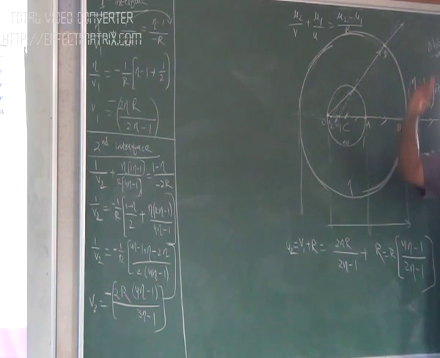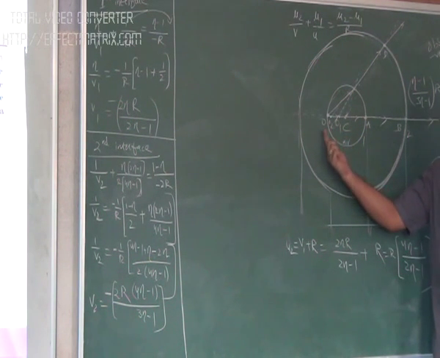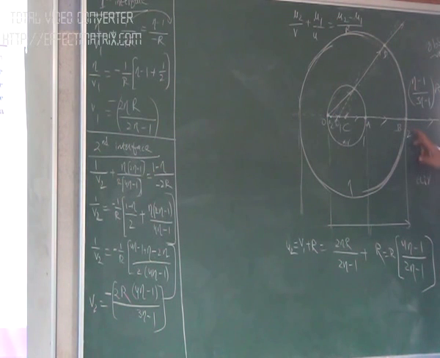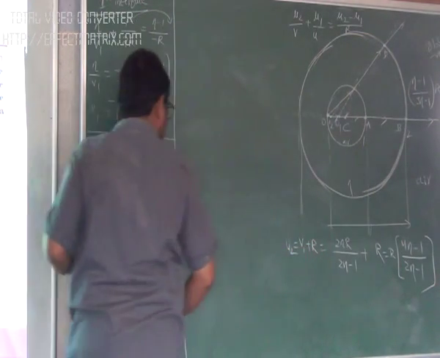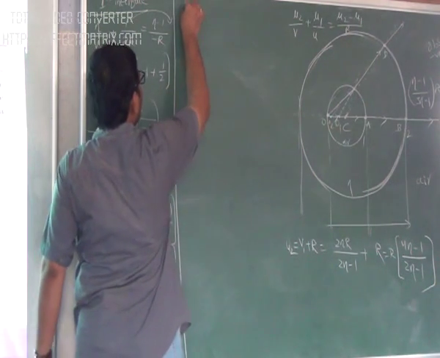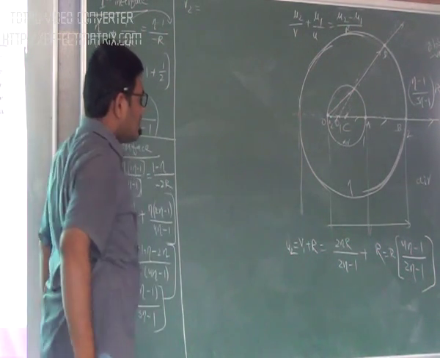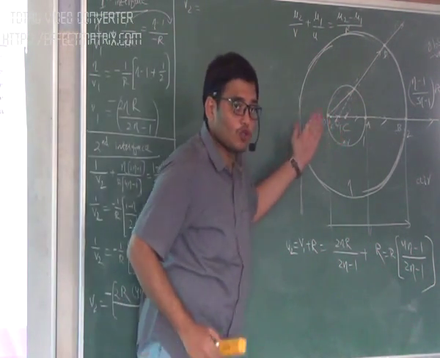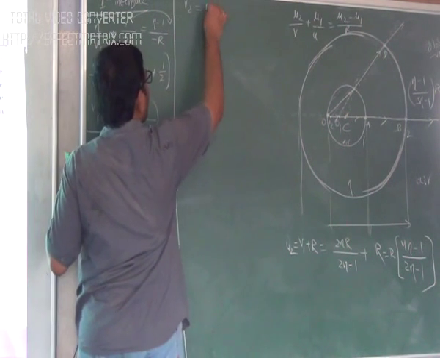In the question, what is asked to find? Shift, meaning OO2. I can write OO2 as BO minus BO2. So the shift is nothing but this. This V2 is nothing but BO2.